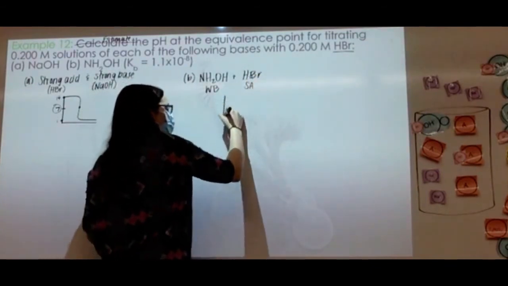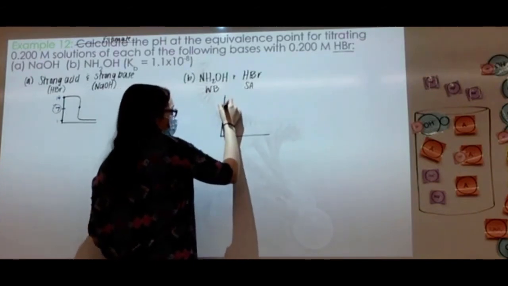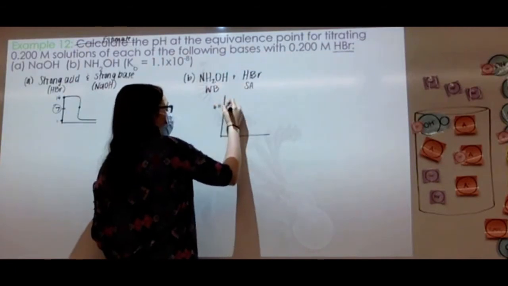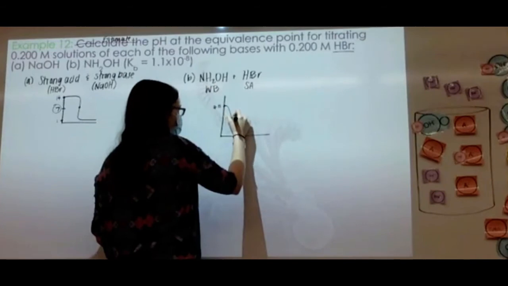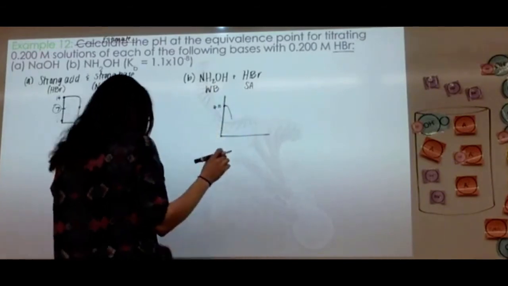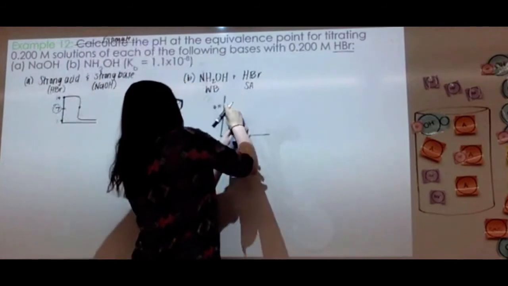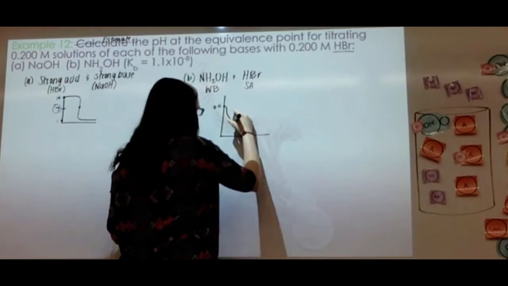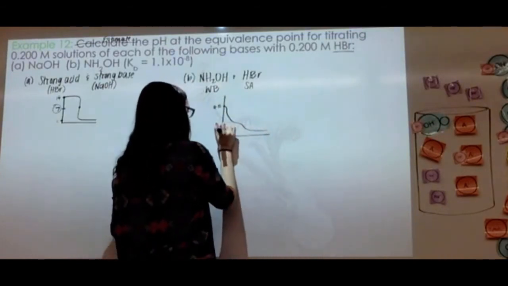So now if I think about this titration curve, I'm going to start at a little bit lower of a pH, maybe 9 to 10. Come down. Oh, not like that. Need a little buffer curve. It's fine. Okay, good enough.